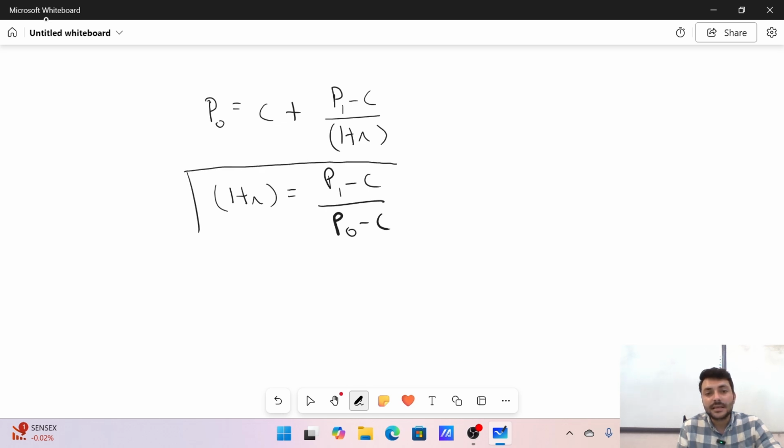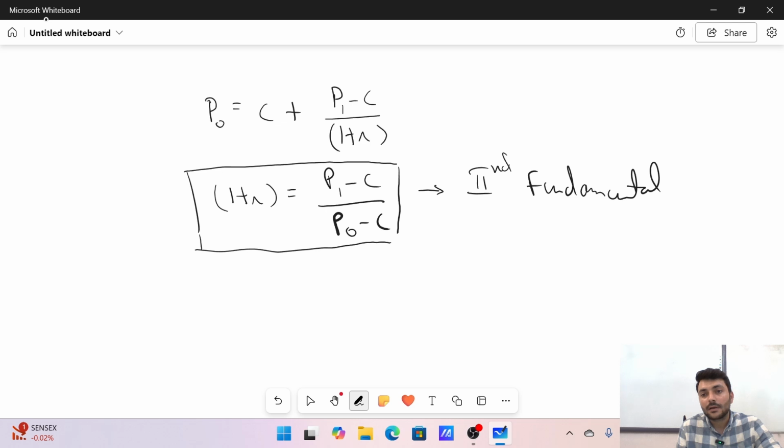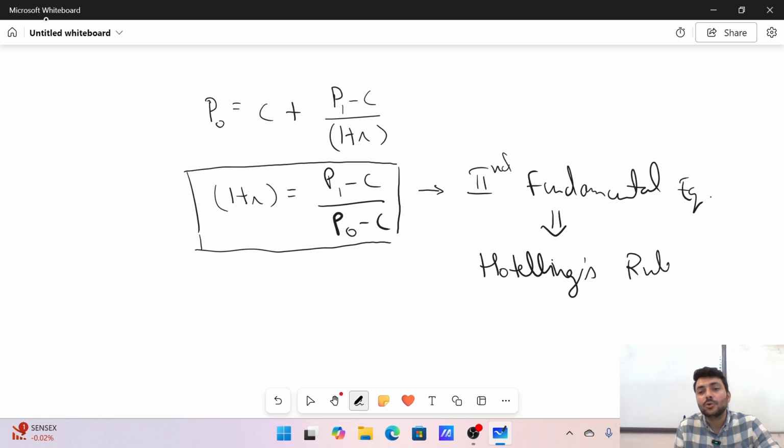And this is the second fundamental equation for optimal utilization of exhaustible resource. This fundamental equation is called Hotelling's rule. This is really very important for you. The second fundamental equation is called Hotelling's rule.